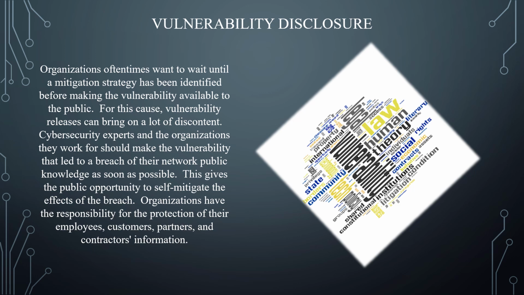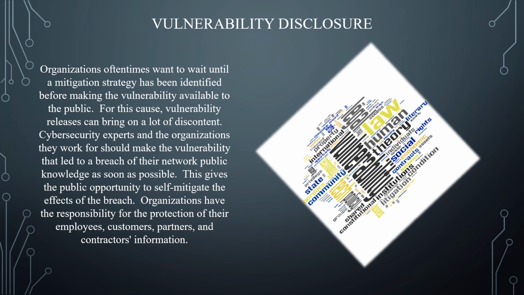This leads to vulnerability disclosure. Oftentimes, organizations want to wait until a mitigation strategy has been identified before making the vulnerability available to the public. For this cause, vulnerability releases can bring a lot of contention. Cybersecurity experts and the organizations they work for should make the vulnerability that led to a breach of their network public knowledge as soon as possible.